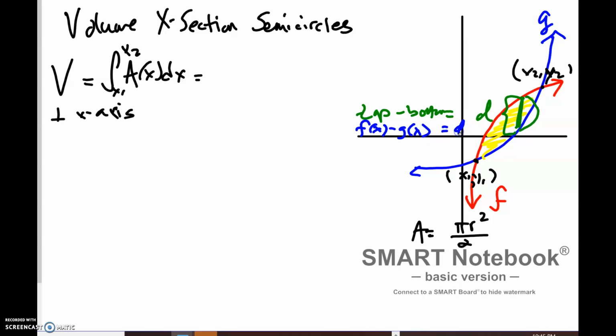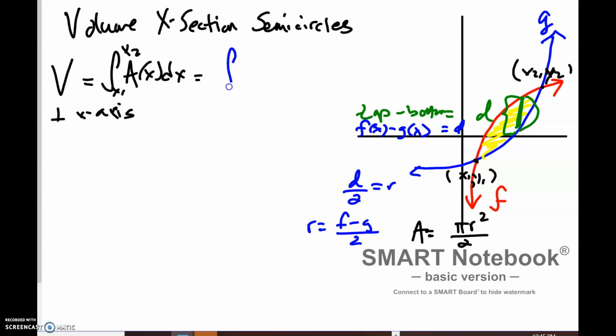Okay, that is equal to d. But since the diameter over 2 is equal to the radius, that means my radius is equal to f minus g over 2, or top minus bottom over 2.